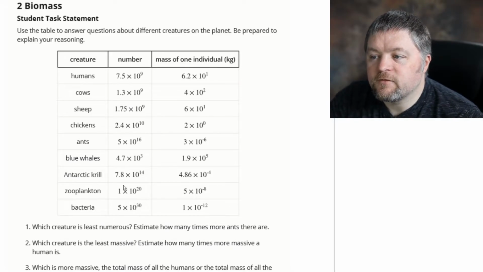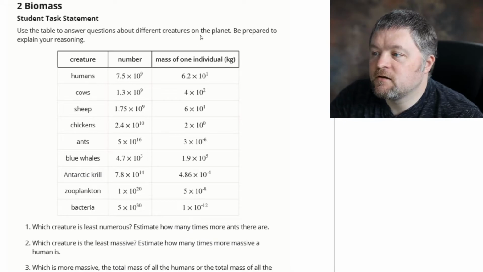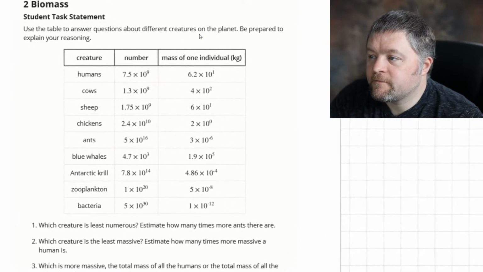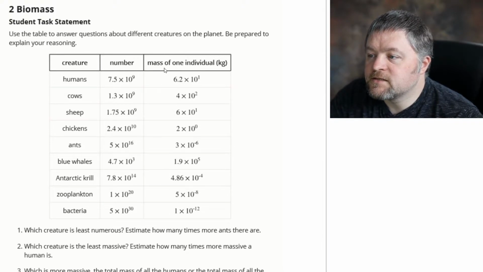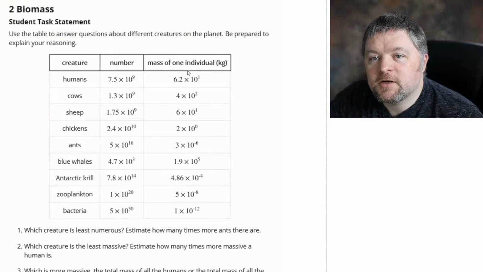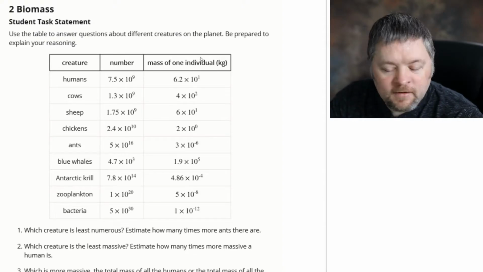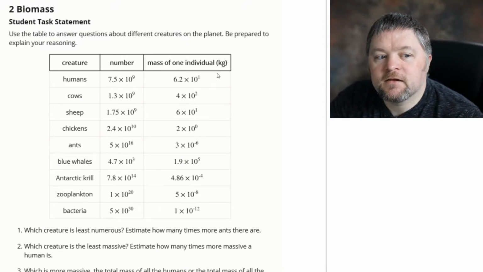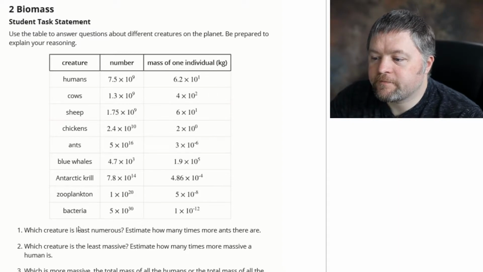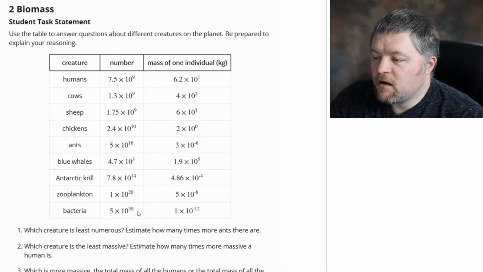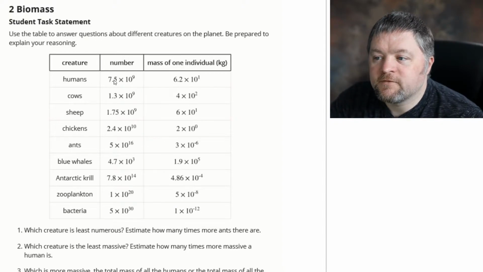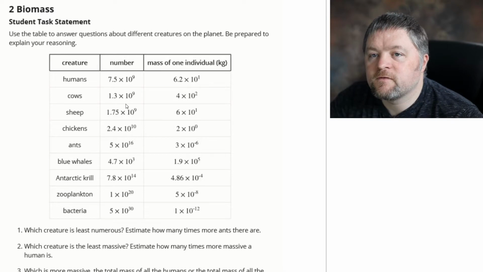How many of those creatures exist on the planet? And then our third column is the mass of one individual. How much does each one weigh? And that is measured in kilograms. These are all done in proper scientific notation, 1 digit in front of the decimal place.